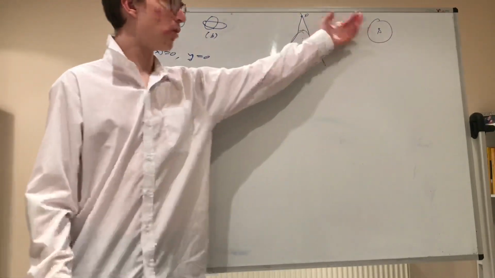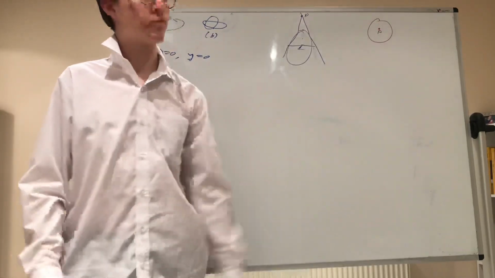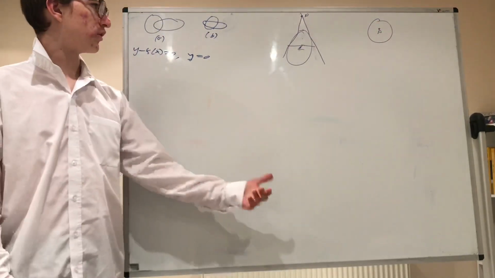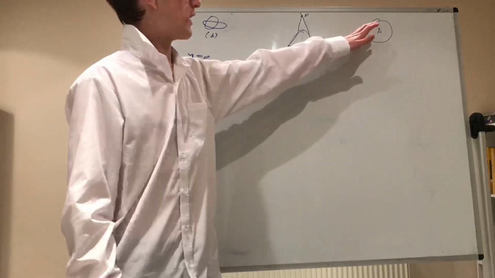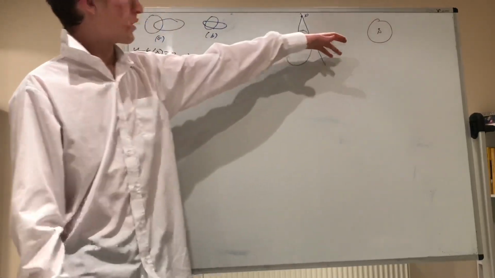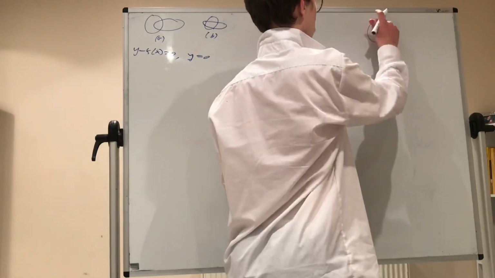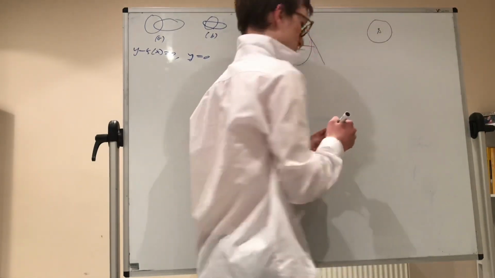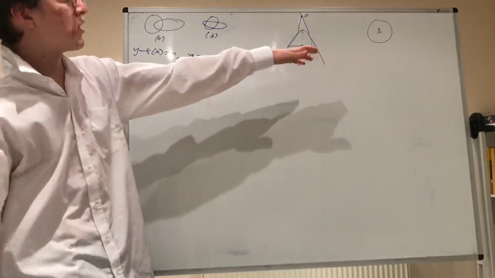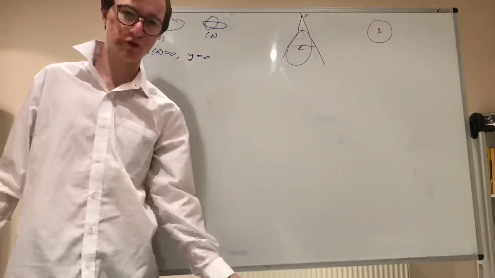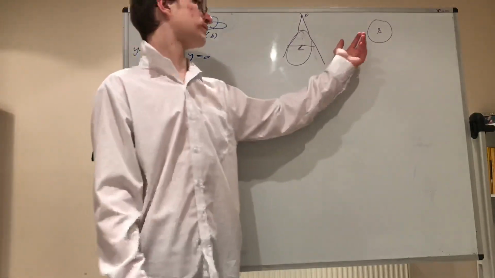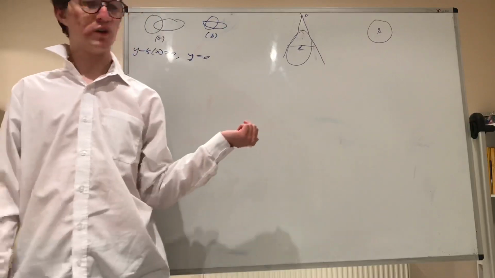These are going to be complex lines here. I'm not really sure how to draw this, but essentially the idea is that these points of tangency are going to be complex conjugates, and so the line that joins them is still real.